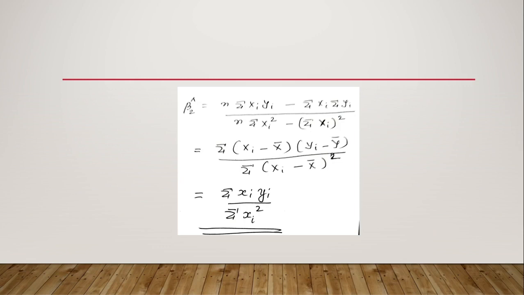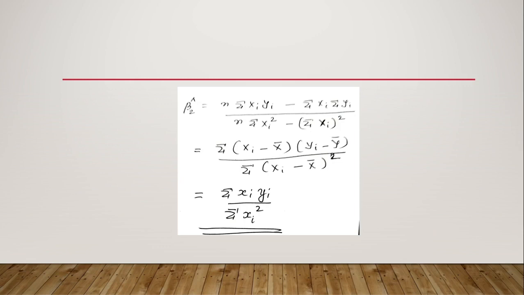Similarly, we use lowercase letter small yi to represent the deviation of the y observation from the mean value. So in the numerator, we have sigma small xi small yi divided by, in the denominator also, instead of writing Xi minus x bar, we are using small xi. So we obtained the equation for finding out beta 2 hat.